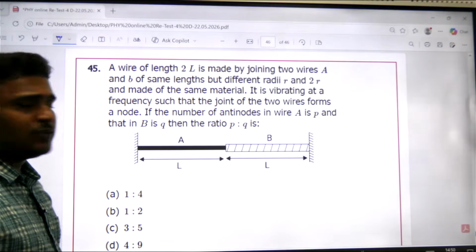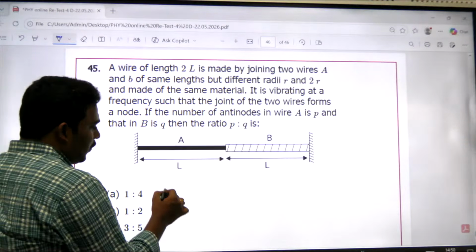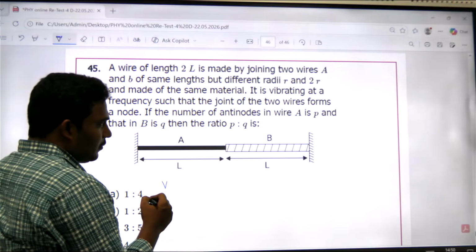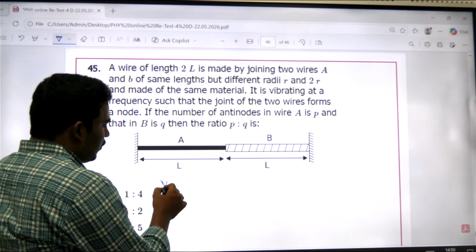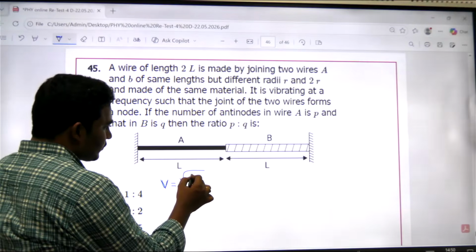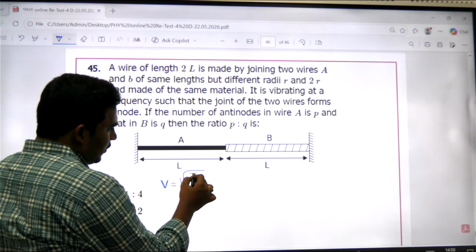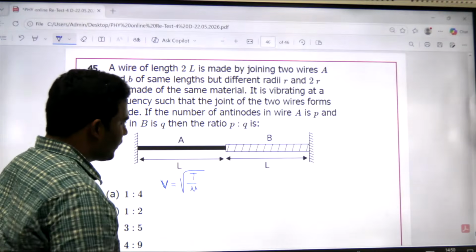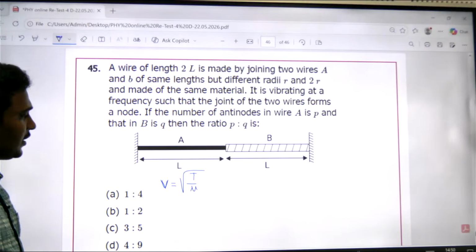If you clearly observe it here, what is the velocity? The velocity of the wave is nothing but root of T by mu.